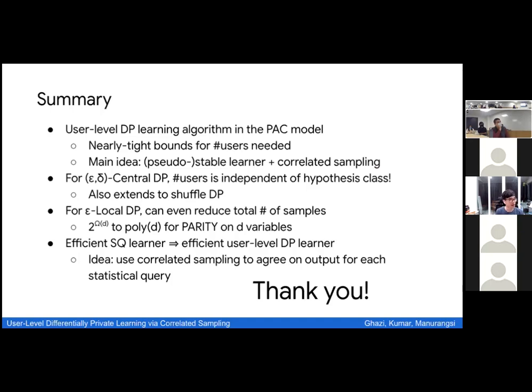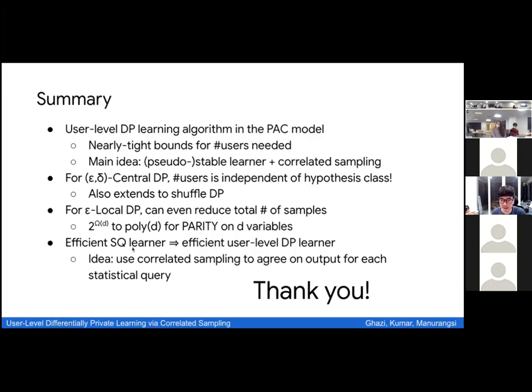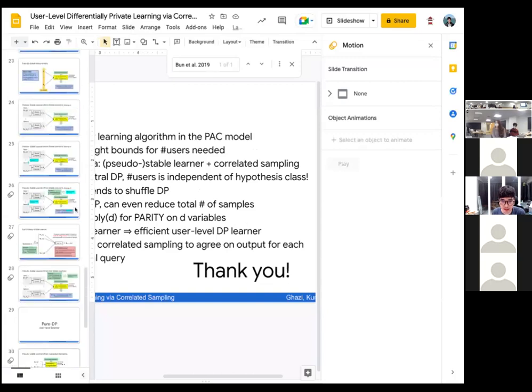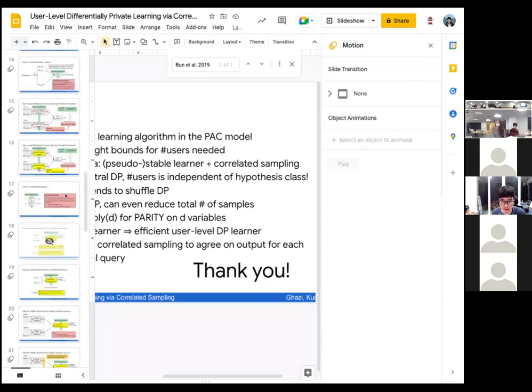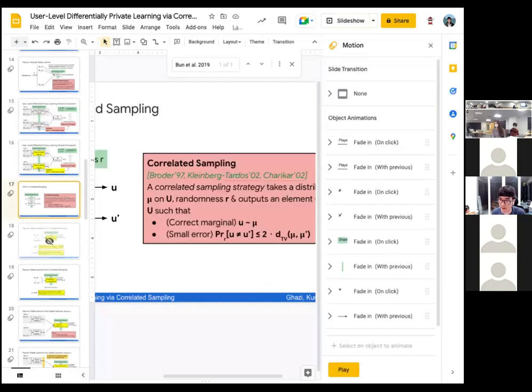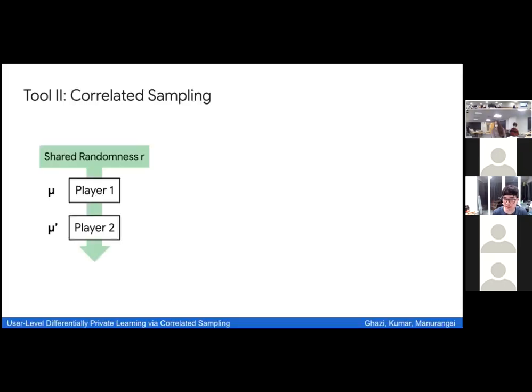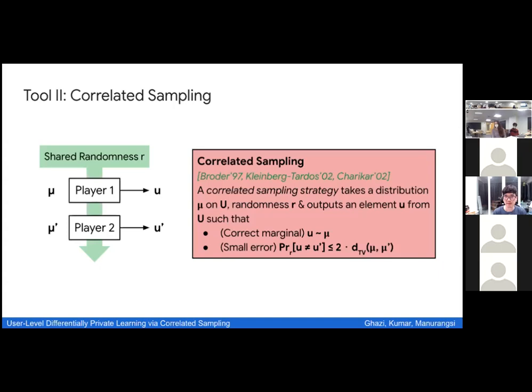And why does coupling not work? Can you go back to the definition just so that we can make sure I understand it? I'm curious how this is different from coupling. Yeah.